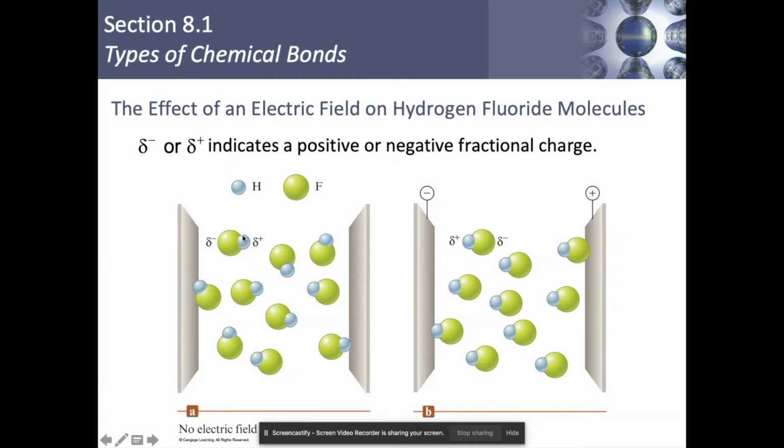But normally, if there's no electric field going through there, they just bounce around and do nothing. But if you start to apply an electrical field, you'll actually see that if something is polar covalent, you'll start to see them line up with the negative part of their molecule facing the positively charged plate, and the partial positively charged part of their molecules facing the negatively charged plate.